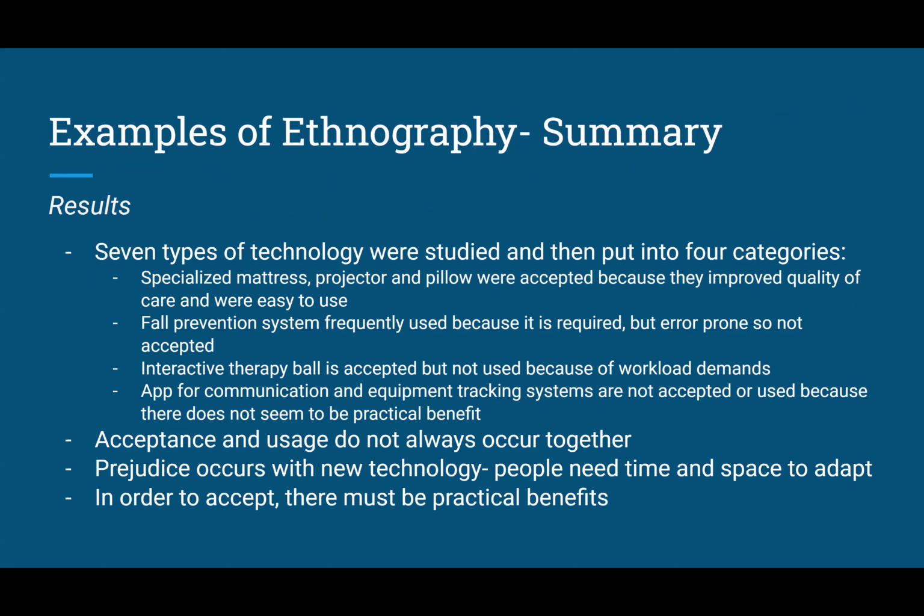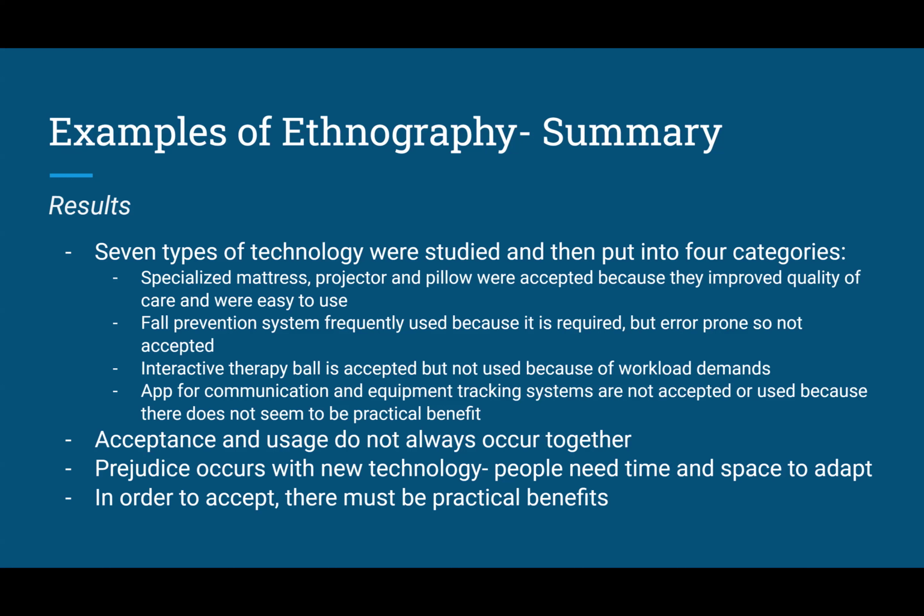First, the specialized mattresses, projector, and specialized pillows were accepted by nurses because they improved the quality of care and were easy to use. Second, there was a fall prevention system that was frequently used, but that was more because it was required, and nurses found it error prone, so it was not very accepted.